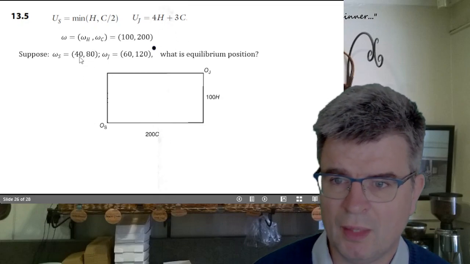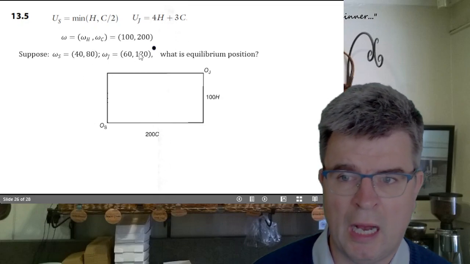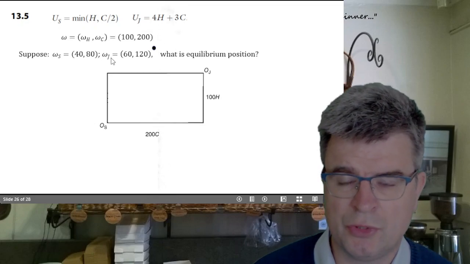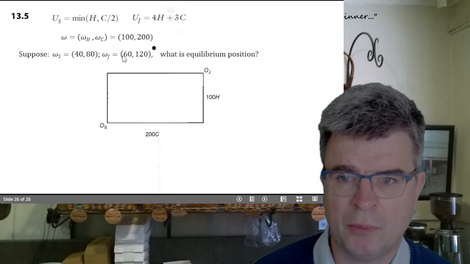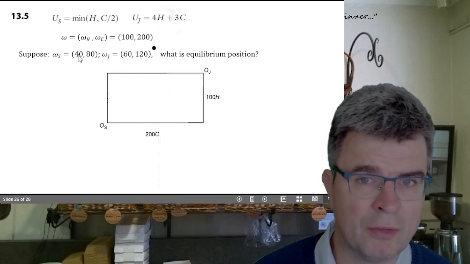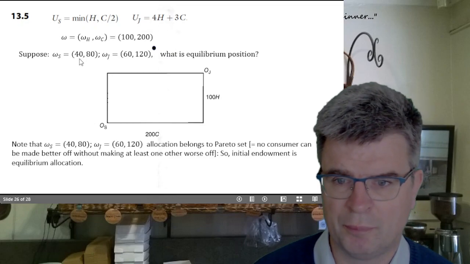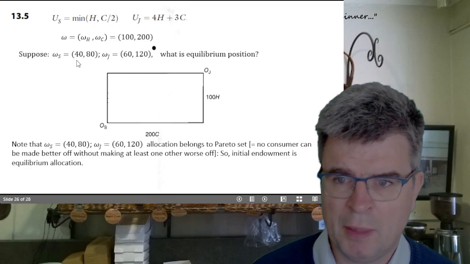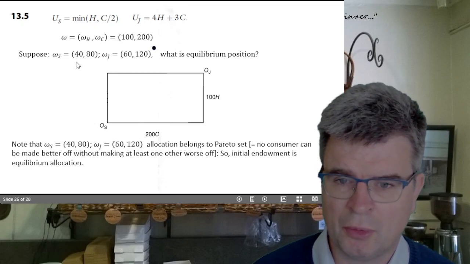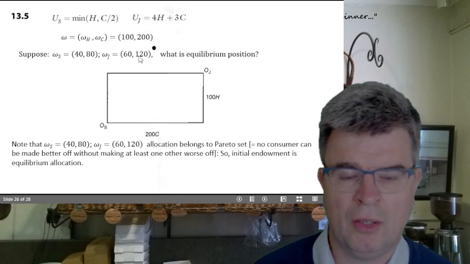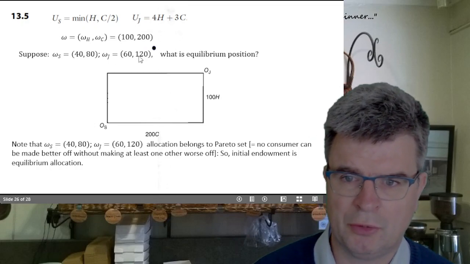Because if Smith would give either a slice of ham or a slice of cheese to Jones, then Jones would benefit, but the utility of Smith would go down. So no consumer can be made better off without making at least one other consumer worse off. So the initial endowment is an equilibrium allocation in question B.